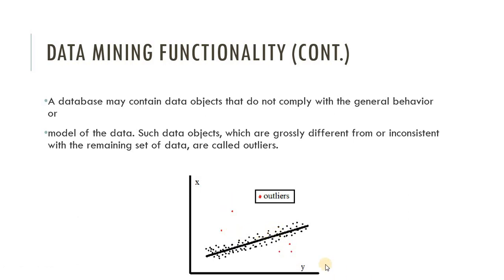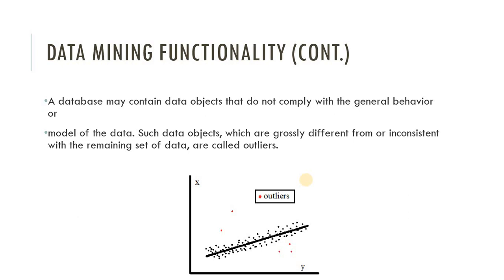Those red data points are called outliers, and the analysis of outliers is very important because it is useful in things like fraud detection in banking systems. Suppose 100 people take a loan from the bank, but 2 of them are not genuine.